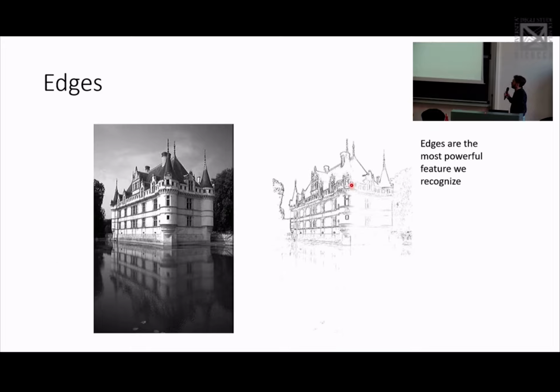This is actually the spatial gradient of the image, computed by some routine, and you can see that your brain can really reconstruct this from just seeing this. You can already recognize what this was.